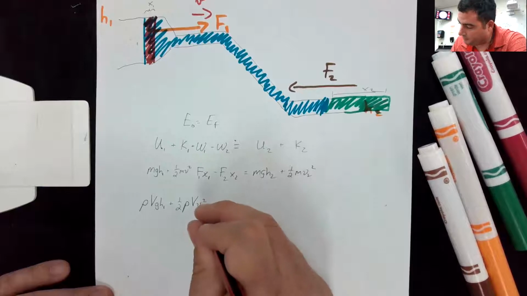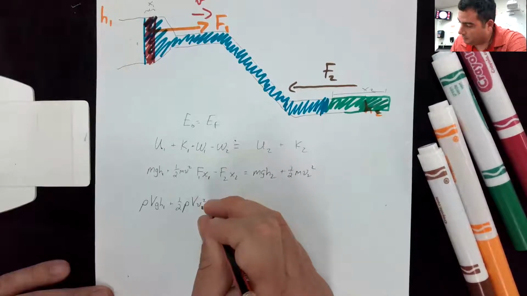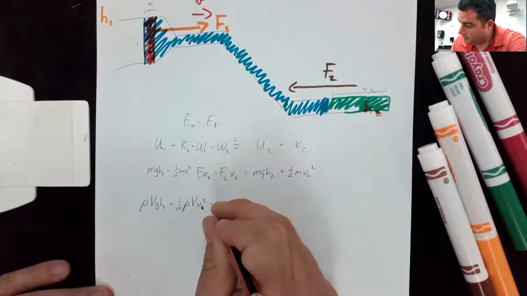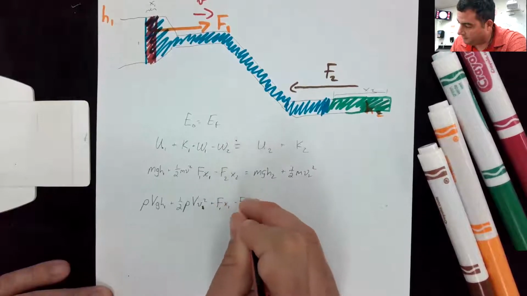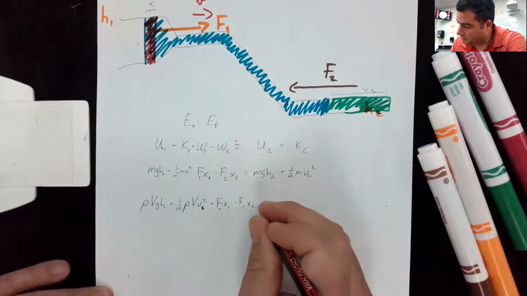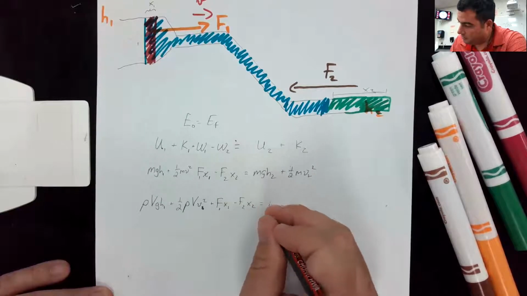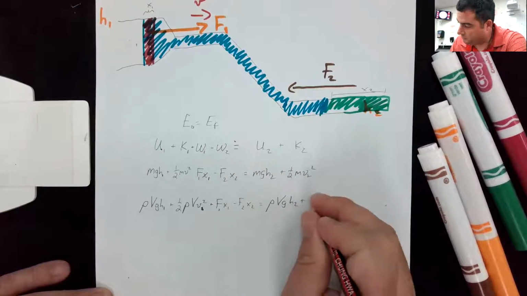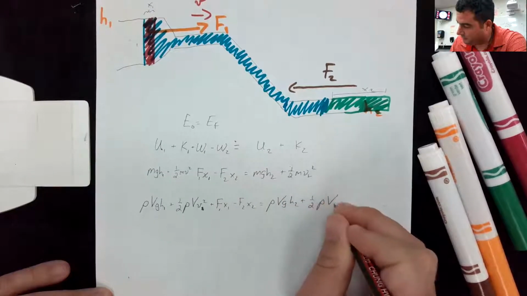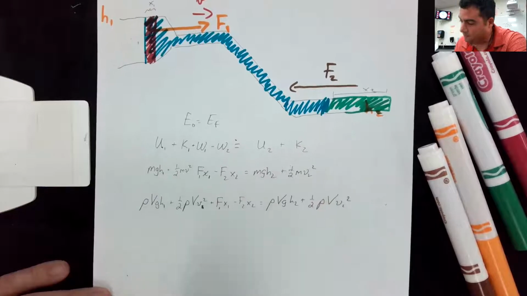Oops, that's a 1 right there. Plus F1 x1 minus F2 x2 equals rho V g h2 plus one half rho V v2 squared.